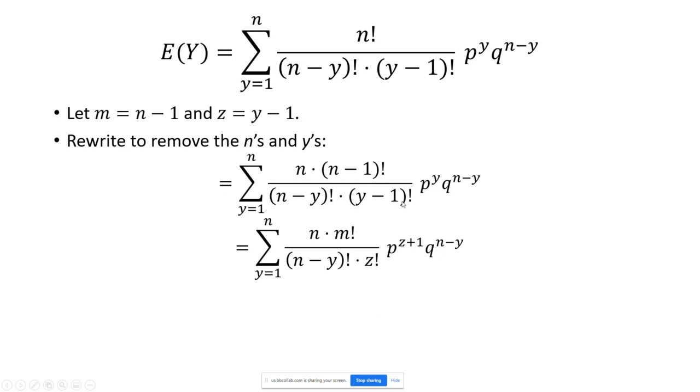And we can replace the y minus 1 factorial in the denominator by z factorial. And then I've also rewritten the p to the y as p to the z plus 1.